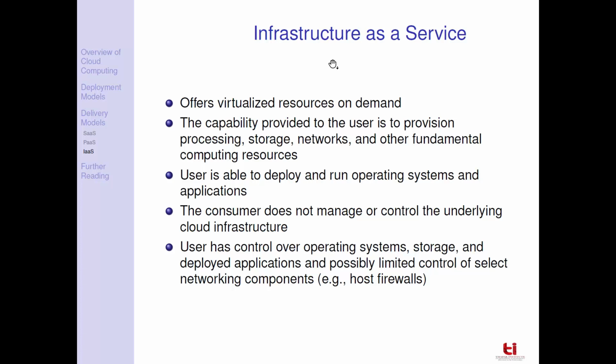So the capability provided to the user is to provision processing, storage, network, and other fundamental computing resources. So in this, the user can start, stop, configure, manage these resources as they require. The user is able to deploy and run operating system and application on these resources.